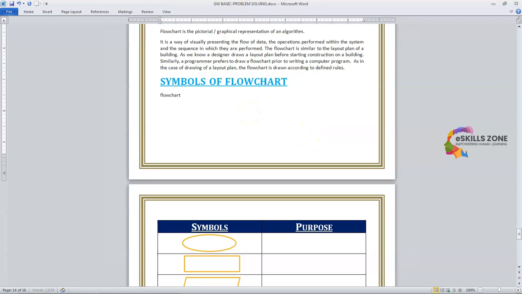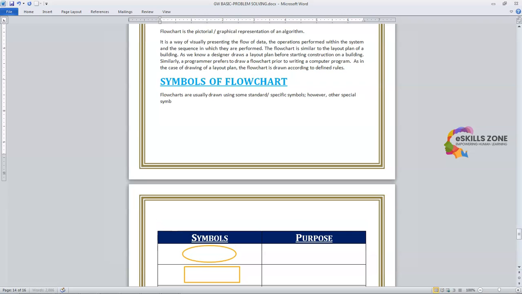Flowcharts are usually drawn using some standard, or you can call them specific, symbols. However, other special symbols can also be developed when required.